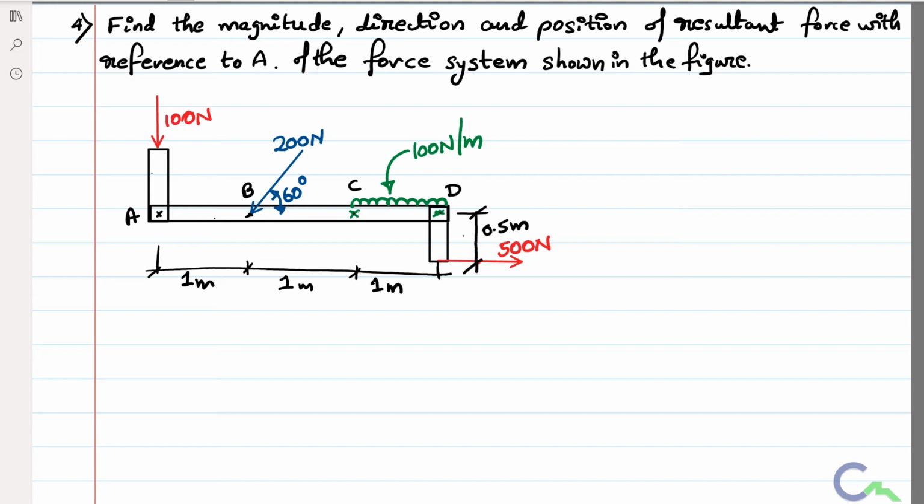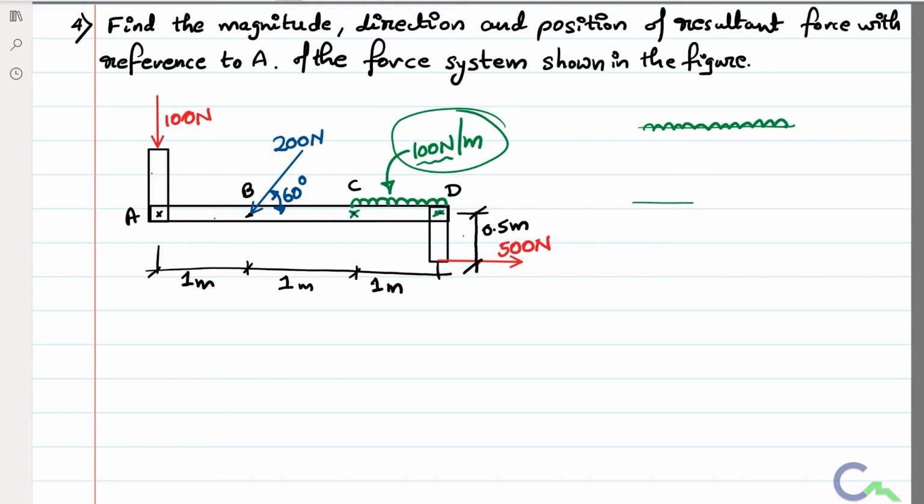So in previous cases we have seen only point forces, but in this case they have given one UDL. So whatever UDL they give, first we have to convert that into a point load, then we have to apply it in the system. Any UDL if they give like this, per meter that value they give, that is 100 Newton per meter.